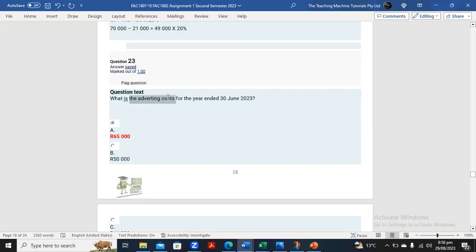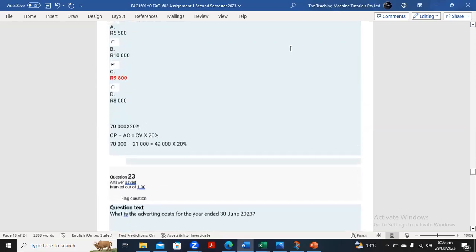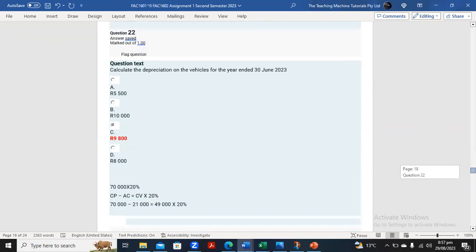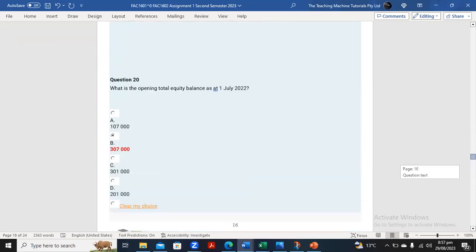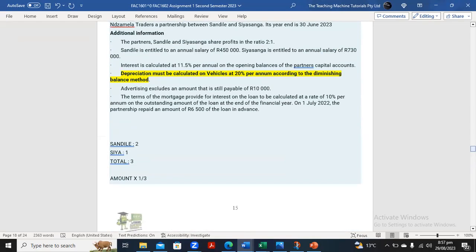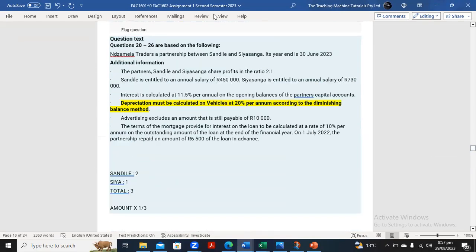Advertising cost. What is the advertising cost that will be considered? So guys, I see information here.